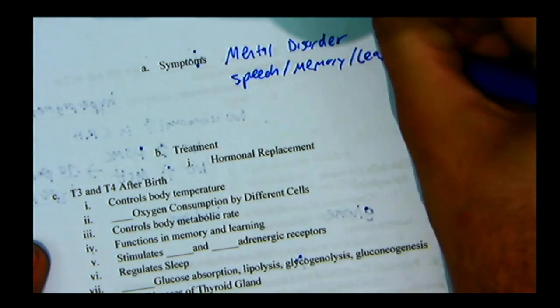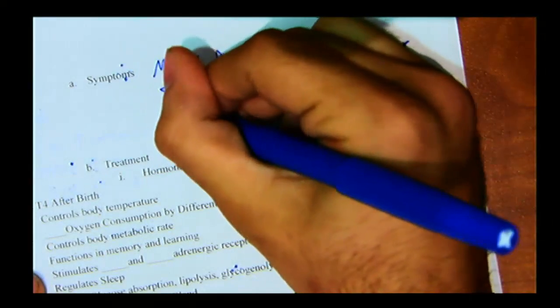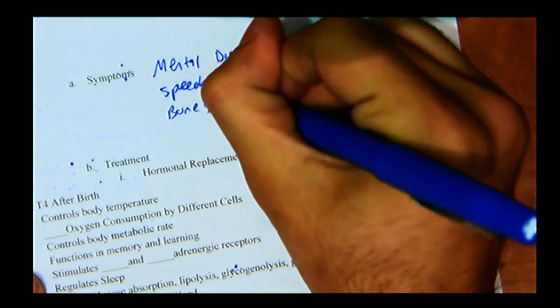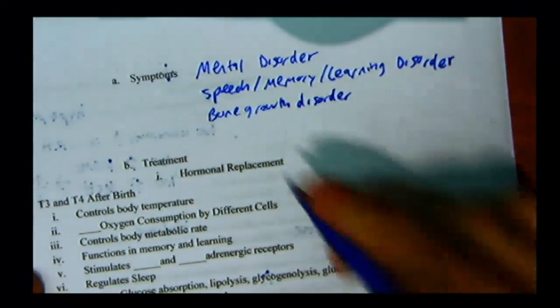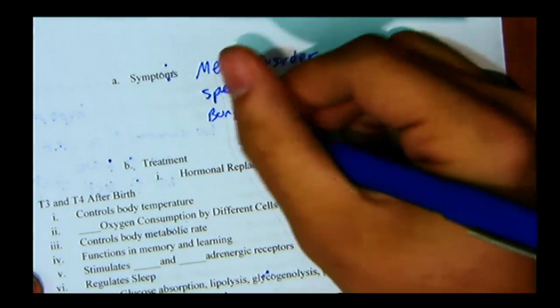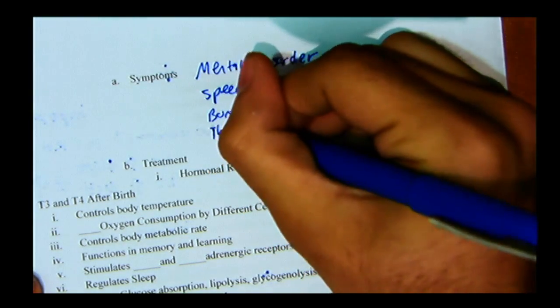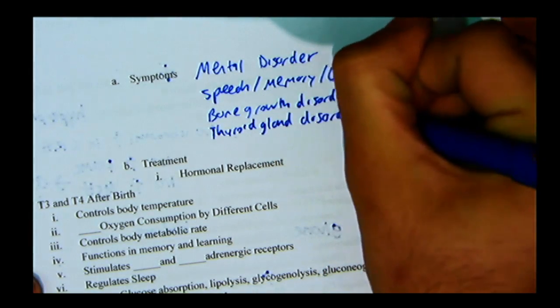What about bone? So bone growth disorder. And can you think of anything else? There's also thyroid gland disorder. So the treatment, I think she says, right when the baby is born, you want to give the baby T3, T4, like immediately when the baby's born, if you're a good doctor.